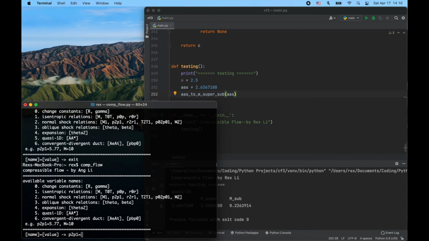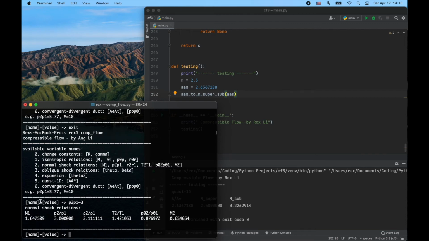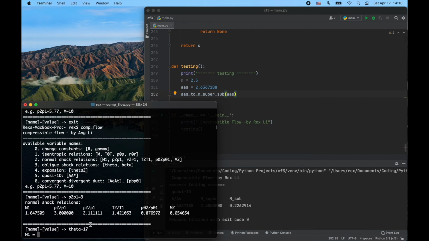So if we want the oblique shock relation and we know theta, the deflection angle, is maybe 17 degrees. And we also need to know the Mach number 1, and let's set it to be 3.2. It will give us the strong solution and weak solution.